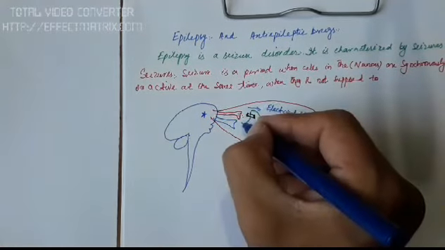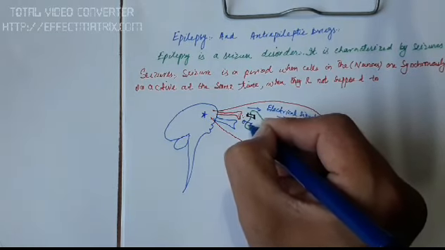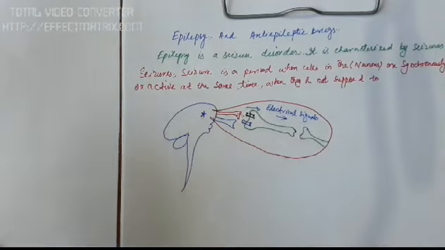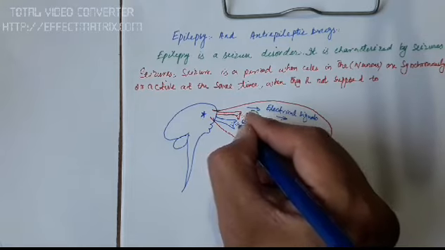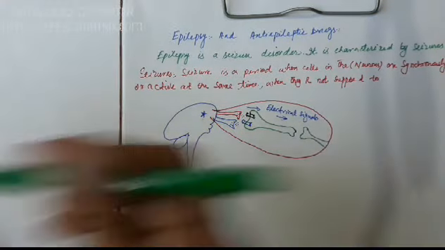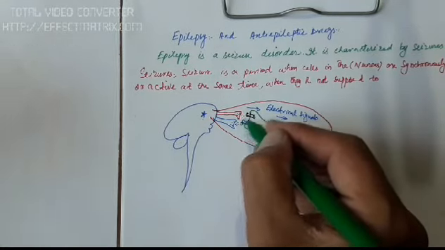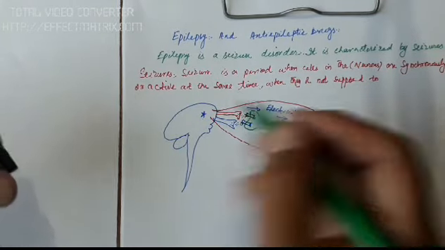Just look at the larger diagram, and let us suppose this neuron is releasing GABA. This GABA has a receptor over there, and this glutamate has a receptor over there.